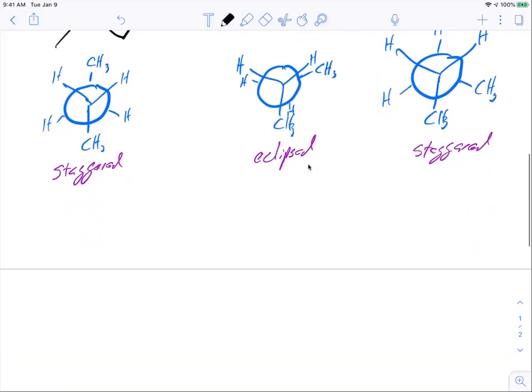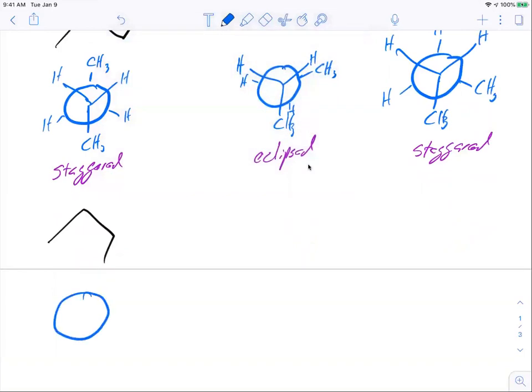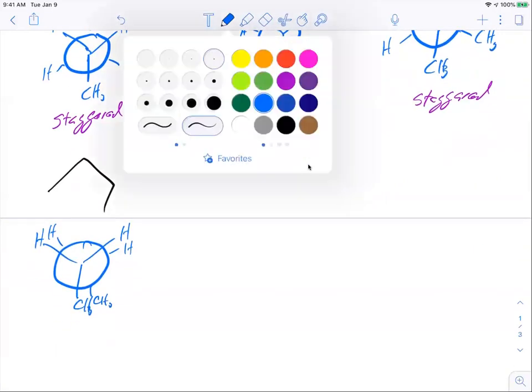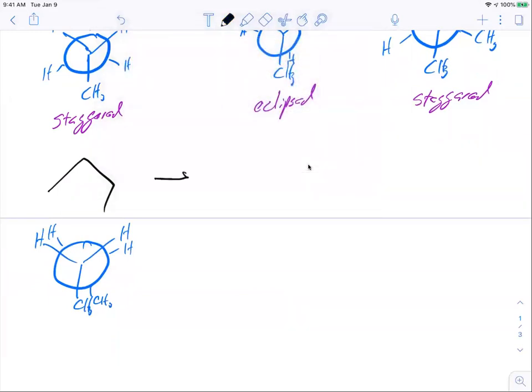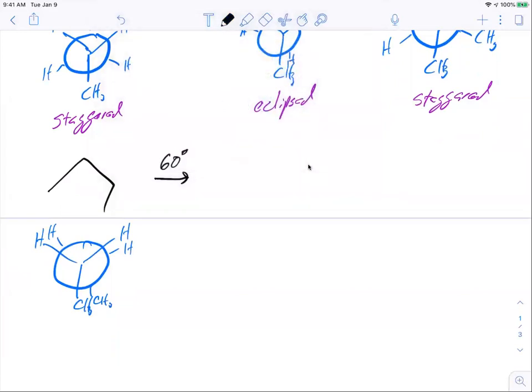Then our next one is this one, that was the first eclipse we showed. The first one doesn't change, and now the back one is eclipsed. We do another 60 degrees, and then another 60 degrees.